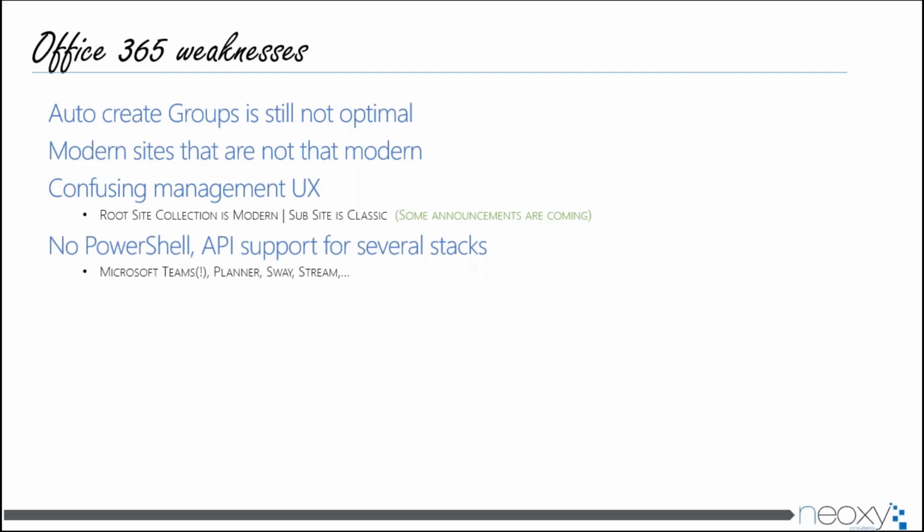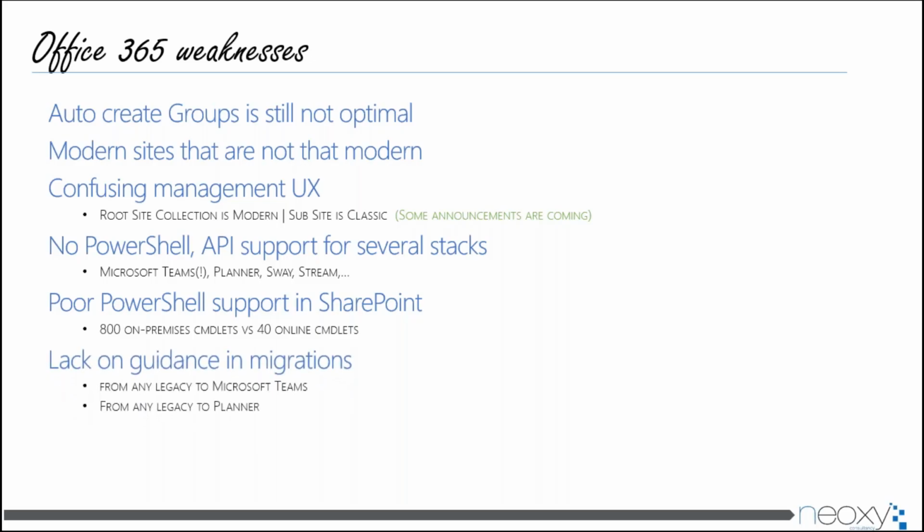There is no PowerShell support or API support for several stacks, so you can't create the necessary engines behind Office 365 to make things happen very fast. As an example, there are 800 PowerShell cmdlets on premises and only 40 cmdlets online, which is fair enough, because we don't have everything in online.